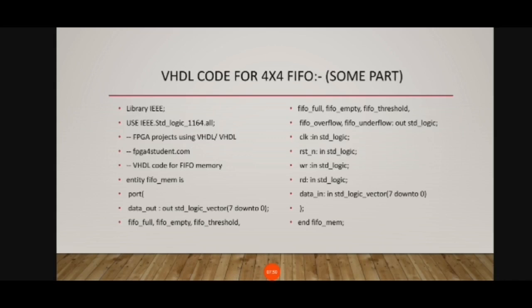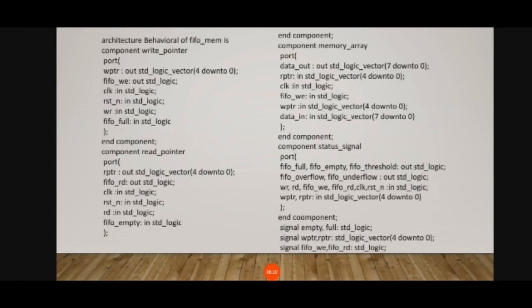A big advantage of VHDL compared to original Verilog is that VHDL has a full type system. Designers can use the type system to write much more structured code. Here we have written some part of our VHDL code in which we have declared the standard logics to the pinouts of our FIFO.